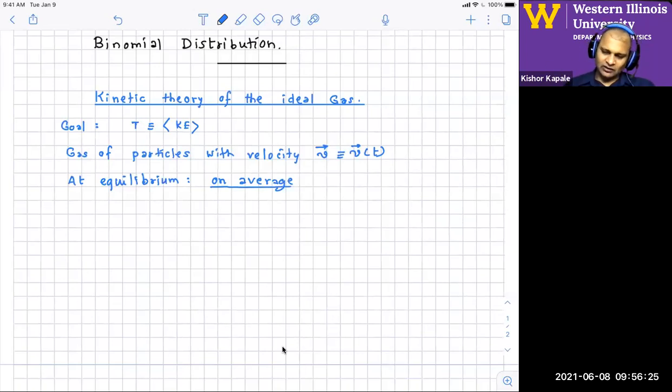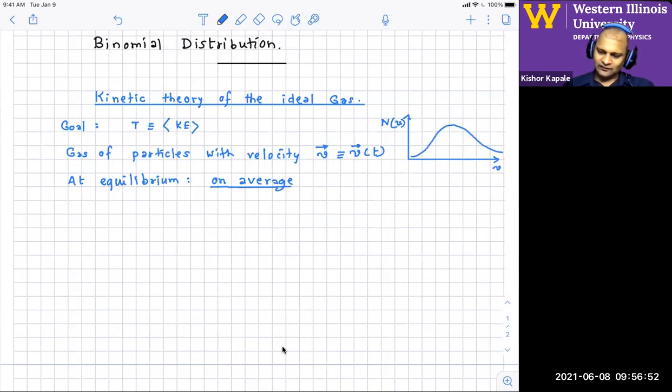So if you take a look at, for example, the distribution of, let's say, the number of particles at a certain velocity v, with velocity v on the x-axis. And then if you look at some kind of a distribution that doesn't have to have any specific shape at this point.